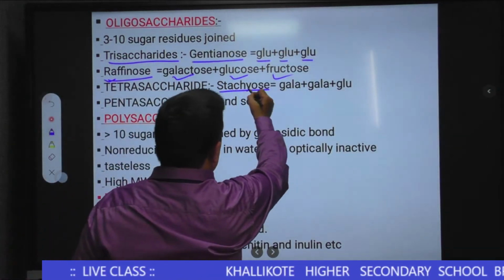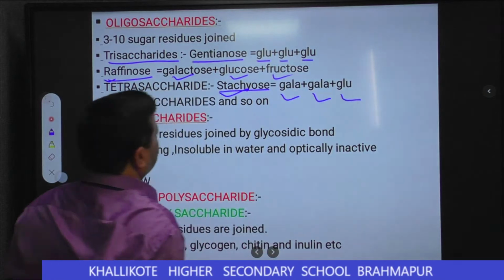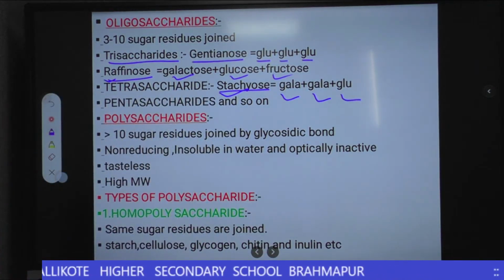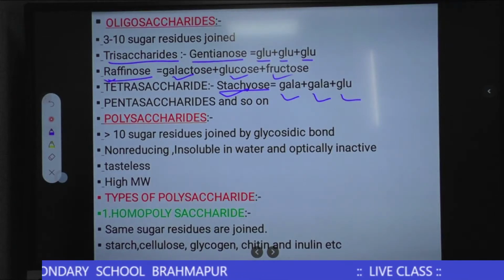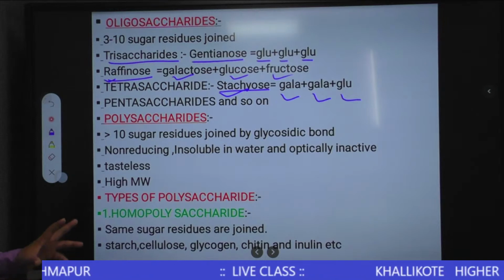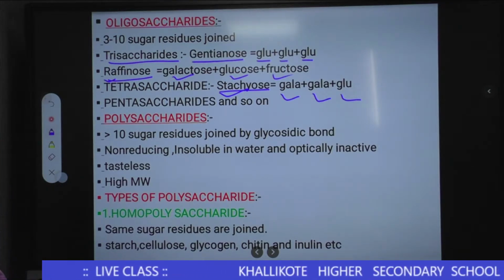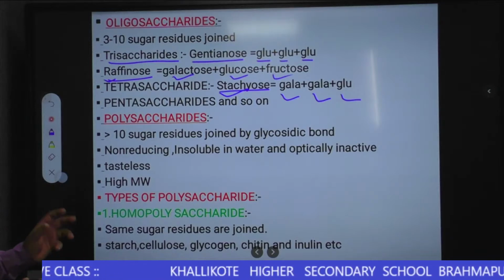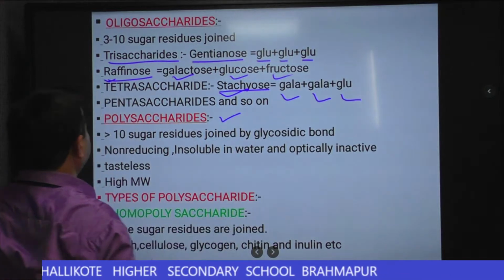Similarly, stachyose: 2 galactose and 1 glucose molecule combined by glycosidic bonds. These are different types of oligosaccharide found in living systems. Then comes the fourth type, that is polysaccharide.